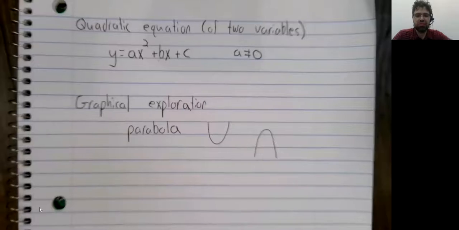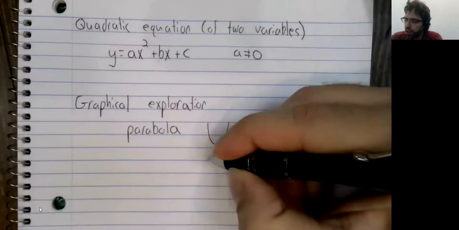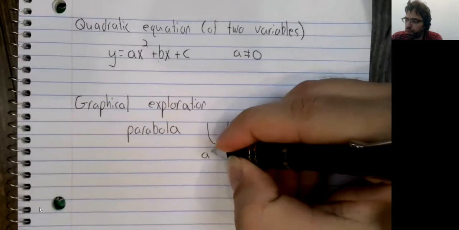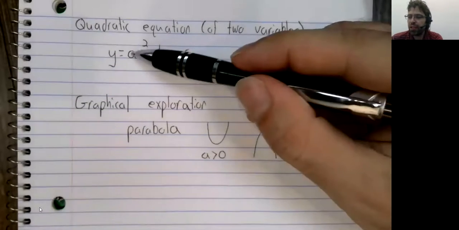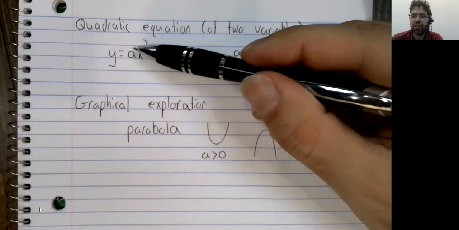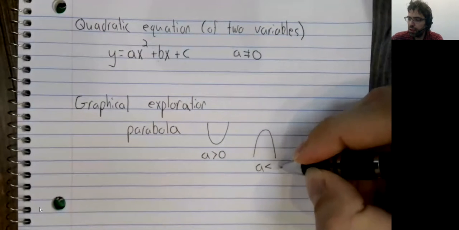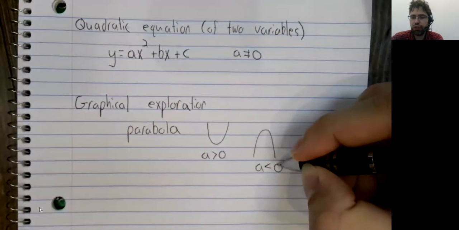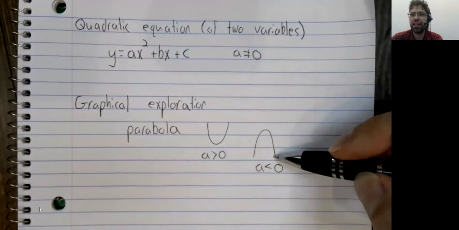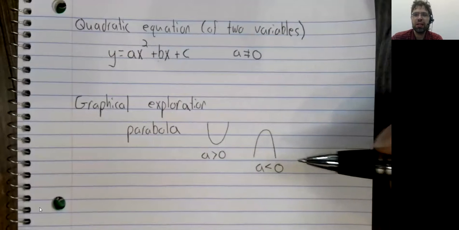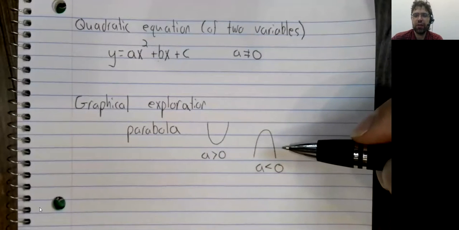Let me get this document camera back up. Parabolas open up if this first term is positive, and they're oriented like this, opening downwards, if the first term is negative.